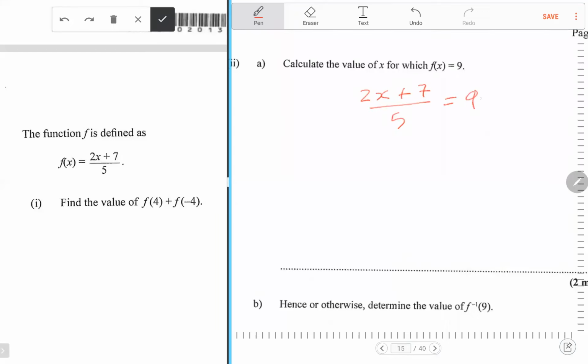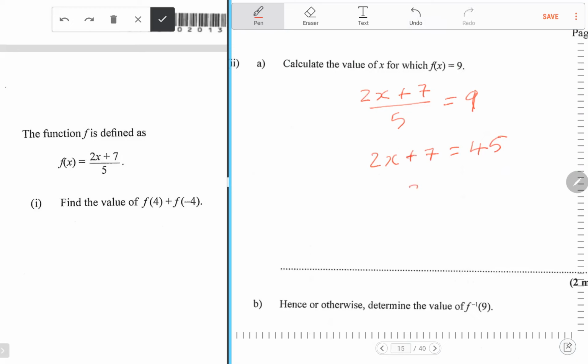First thing we're going to do is get rid of the fraction and multiply across by the 5. We're going to get 2x plus 7 equals 45. And we're going to subtract the 7 next.